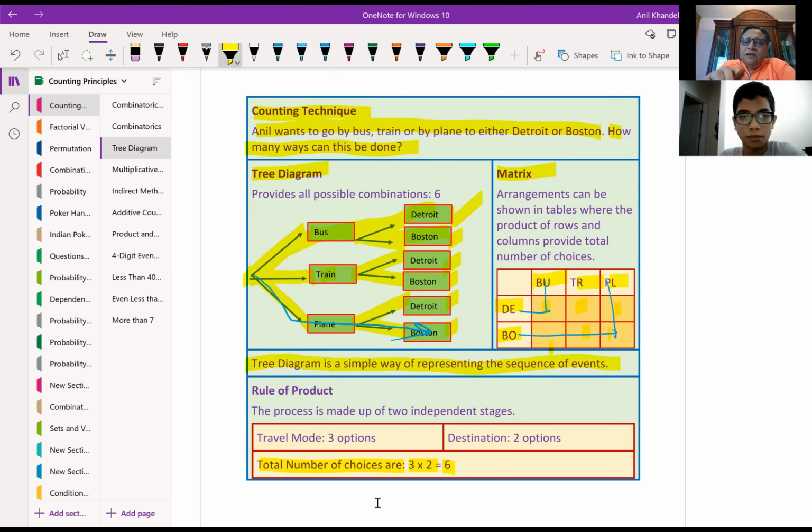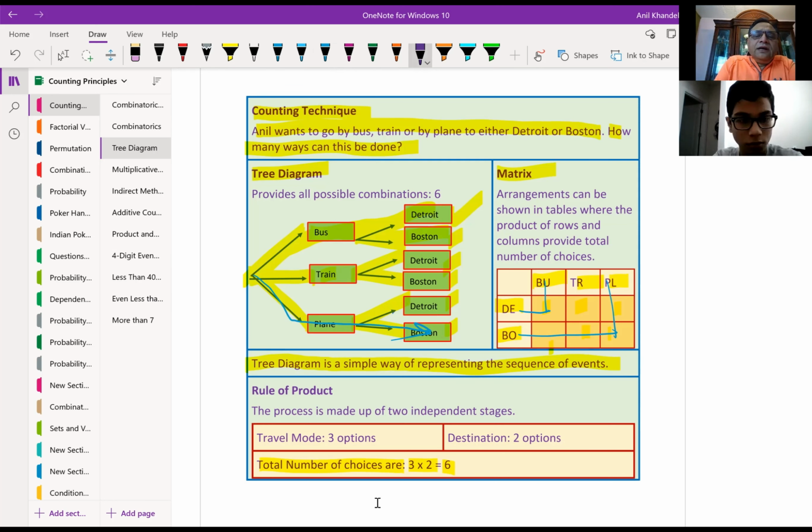Right. Okay. Now, what you also notice from the tree diagram is if we talk in terms of probability, for example. If we connect, first we have 3 ways of going: bus, train, or plane, correct? So, let us say there is no bias. Anil could take either bus or train or plane, and let's say they are equally likely.